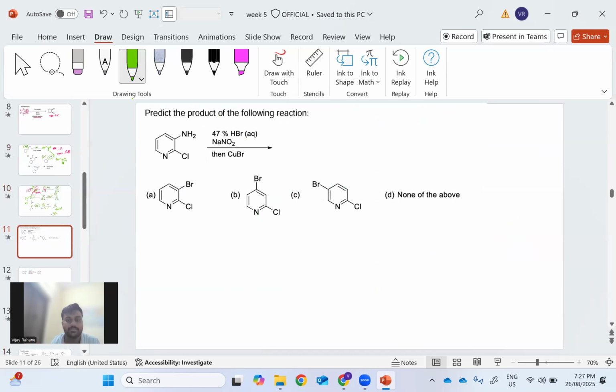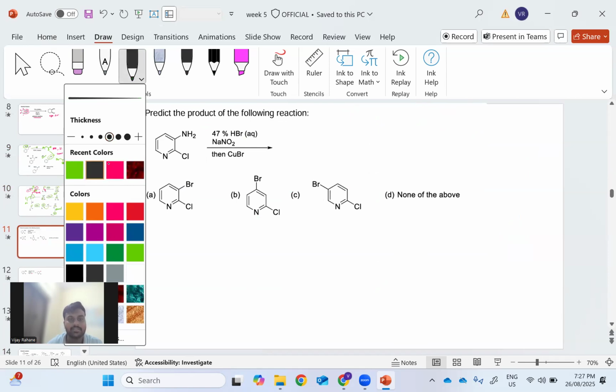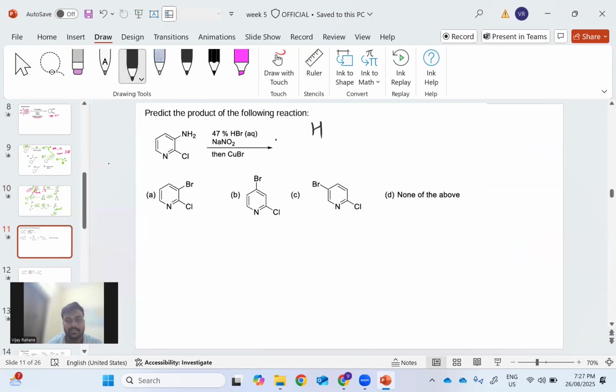All right, the next step is, if you remember this reaction, this is the Sandmeyer reaction. If you just look at the reagent combination, we have the HBr and NaNO2. What does it give?